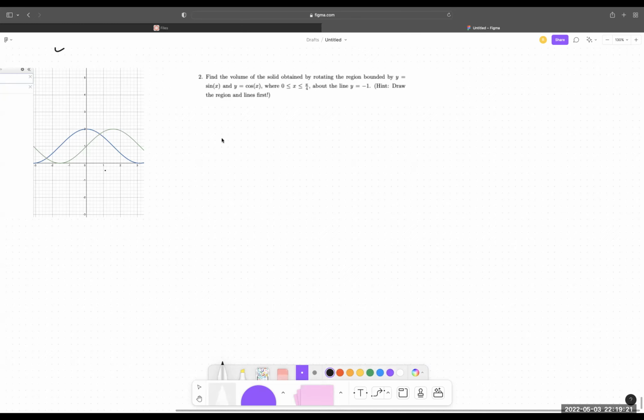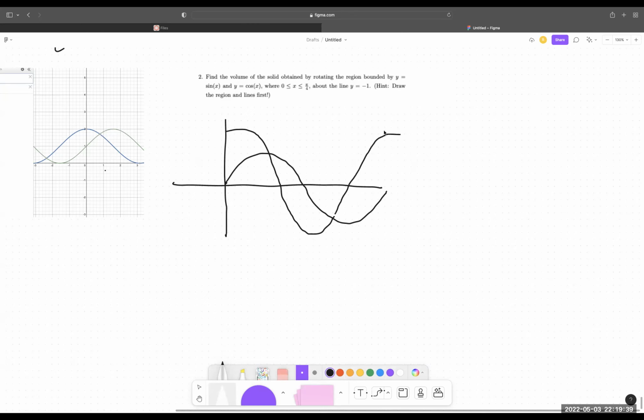And the idea here is, let's see, that may be the wrong graph because I think it's maybe offset, but nonetheless, what's happening here is you have sine of x, and sine of x behaves as it usually does. And then you have cosine of x, and cosine of x actually comes from the top, kind of like a bell curve, but sort of flipped on its side, as it were.